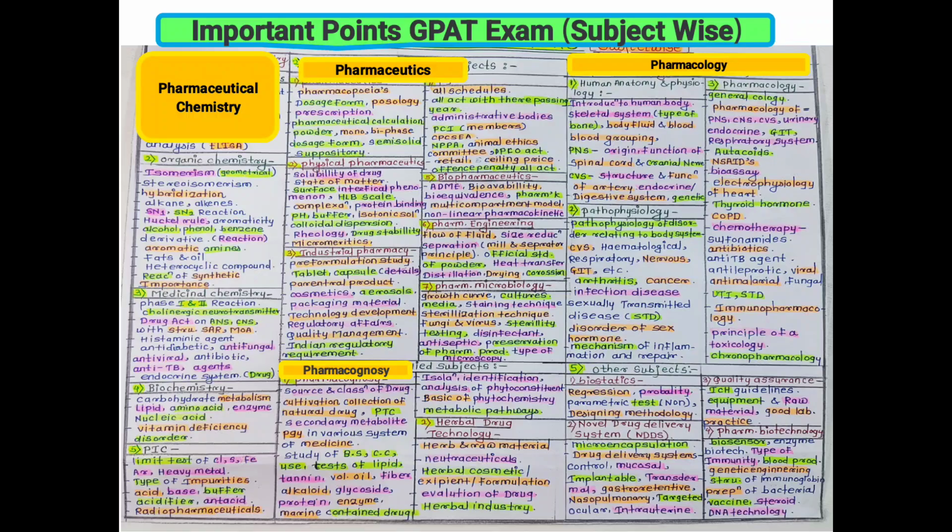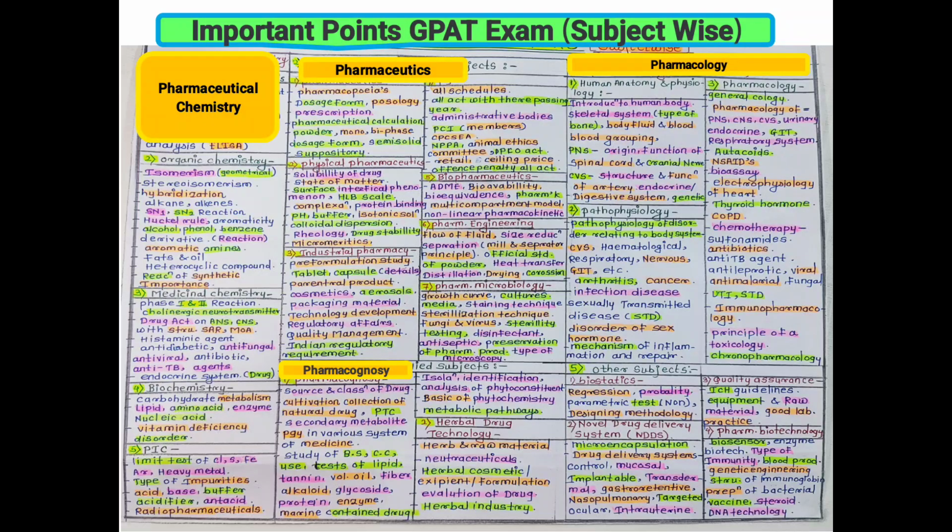In that subject, you have key points to remember from the point of view of GPAT or any competitive examinations. This is an important subject. Filtration also, drying, tray dryer, etc. So this is the second year subject.